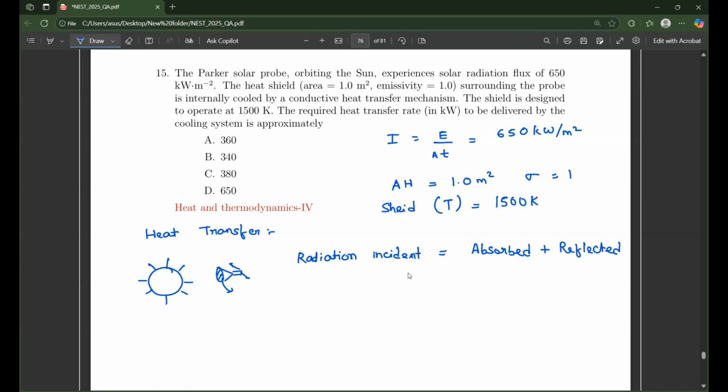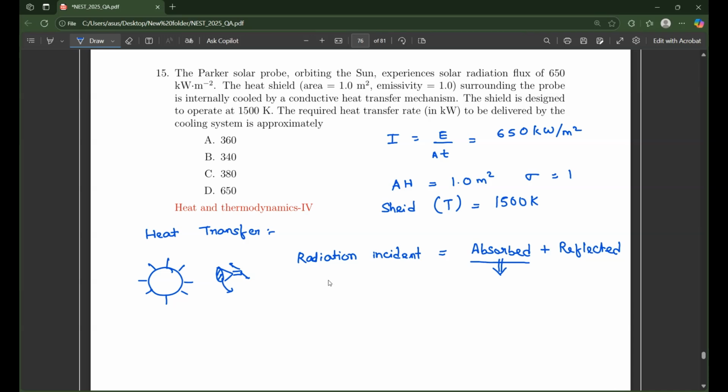Now, some part of the radiation is absorbed and some part will be reflected. The part that is absorbed is the part that we have to cool by applying the coolant. So we have to find what amount of heat is absorbed.